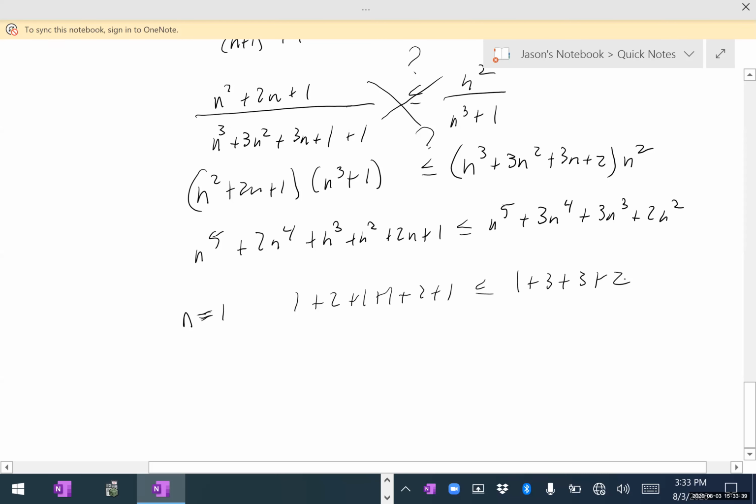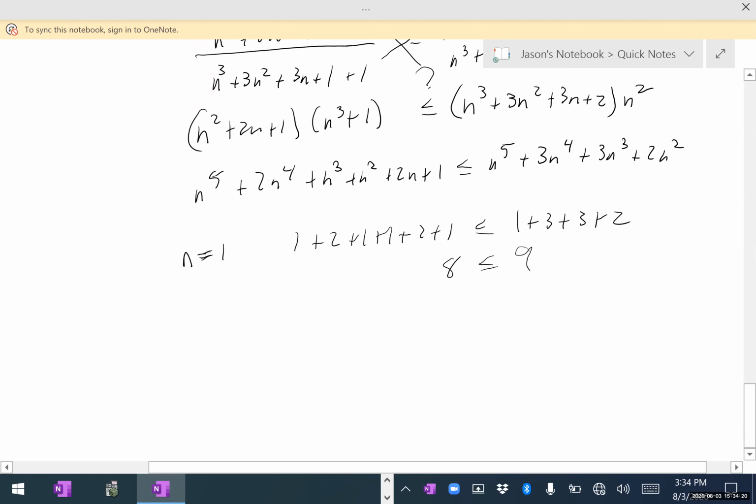Okay, so let's see what we got here. 1 plus 2 is 3, plus 1 is 4, plus 1 is 5, plus 2 is 7, plus 1 is 8. Is that less than or equal to 1 plus 3 is 4, plus 3 is 7, plus 2 is 9. Okay, so the inequality seems to hold for n equals 1.